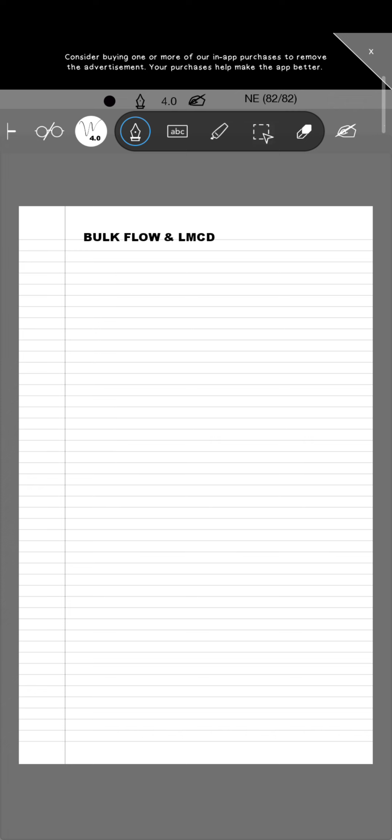Now, bulk flow is the movement of fluid as a whole, as the name suggests, and it takes place due to some external forces acting on it, like the difference in pressure, or rather the pressure gradient, let's call this del P, or if it is gravity, or if there are some mechanical pumps.